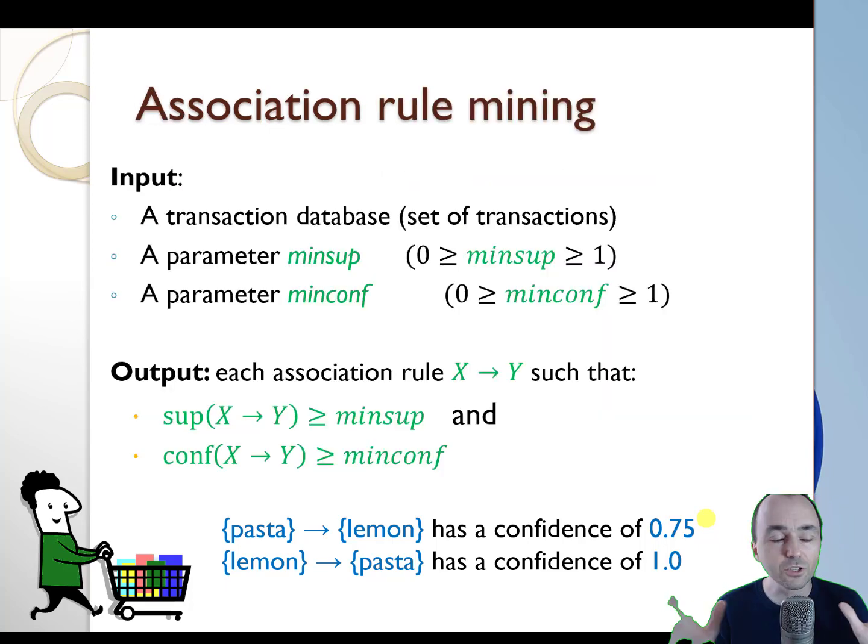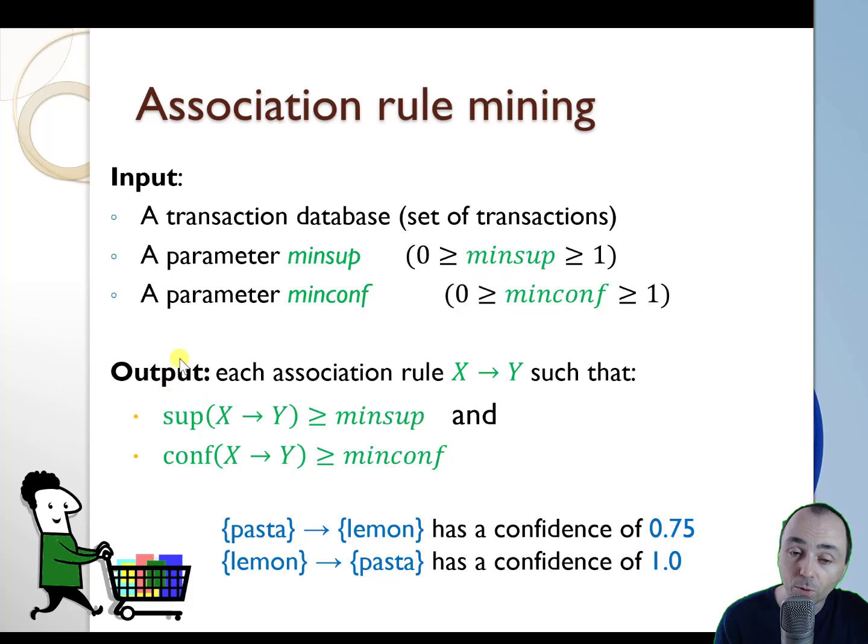So in association rule mining, now we know enough. I can define the problem. We have as input a transaction database, and we have 2 parameters that the user must set: a minimum support and a minimum confidence. These 2 parameters are values between 0 and 1.